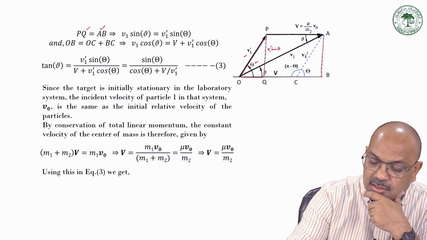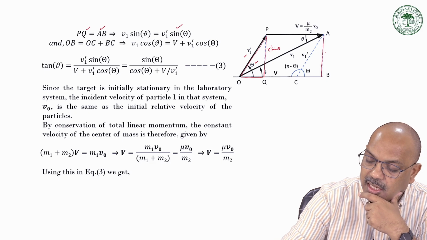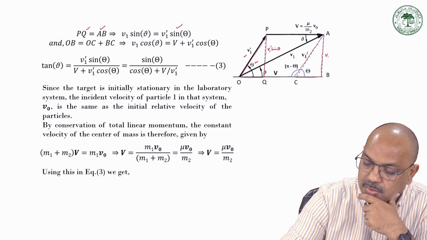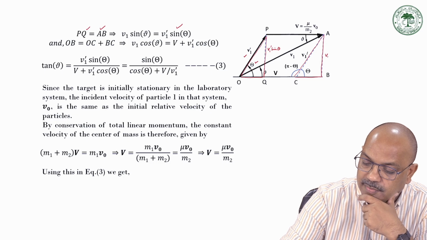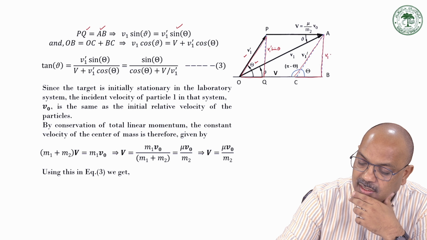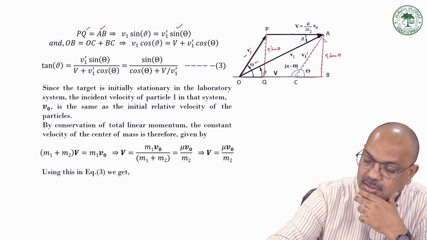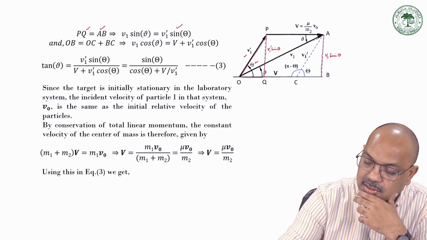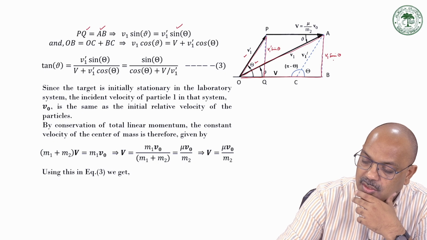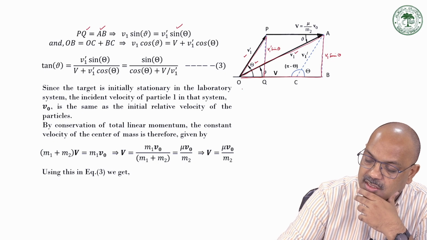Similarly, AB is going to be, in this triangle, V1 sine theta. So now let us consider this triangle, where this is V1 and this is V1 sine theta.